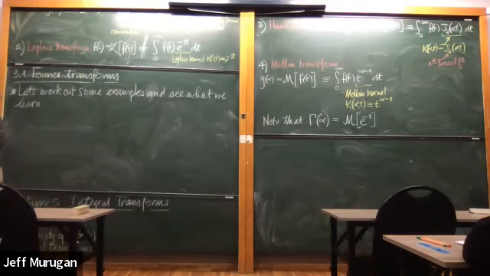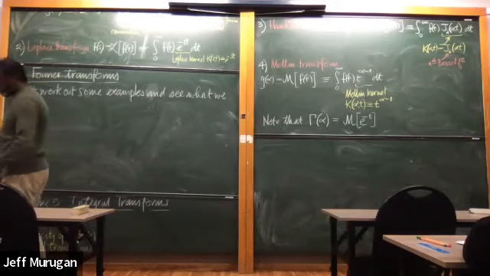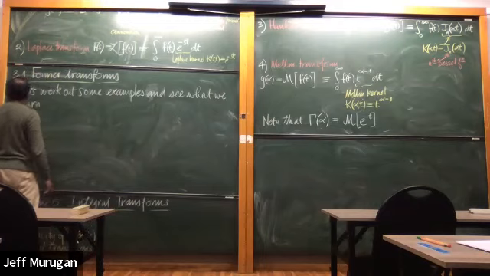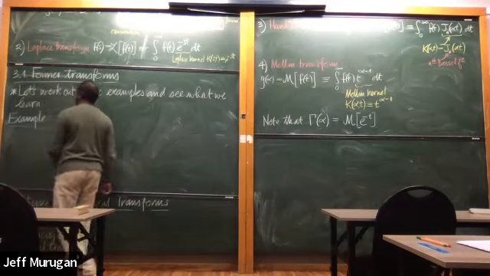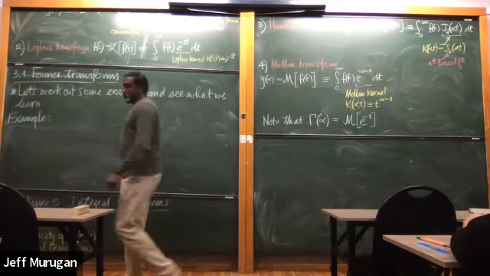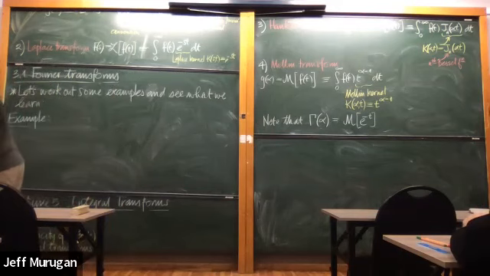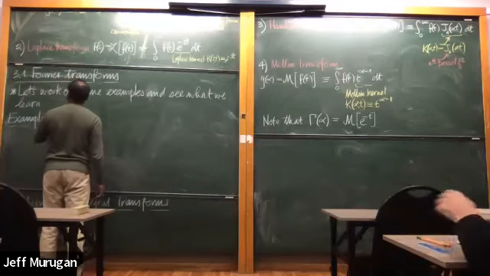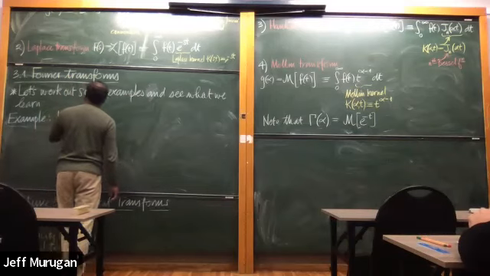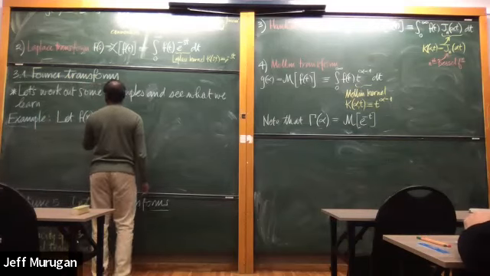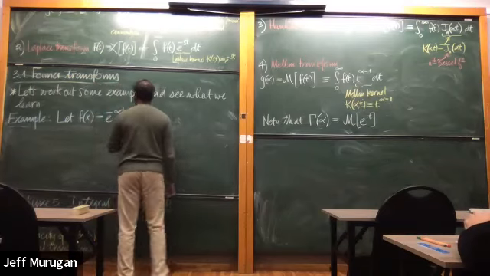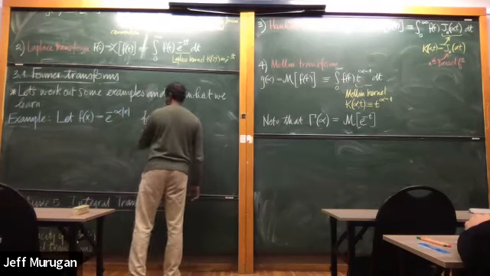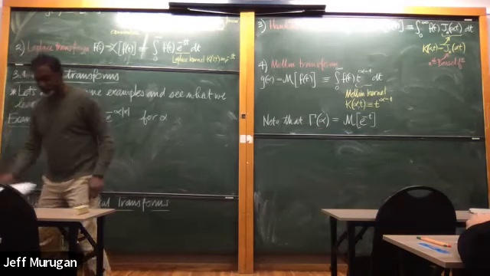The first example I'd like to work out is what happens if you try and Fourier transform an exponential. So let's take a look at the exponential f of x. And f of x is going to be e to the, let's say, minus alpha times the absolute value of x. And alpha is going to be some positive number.